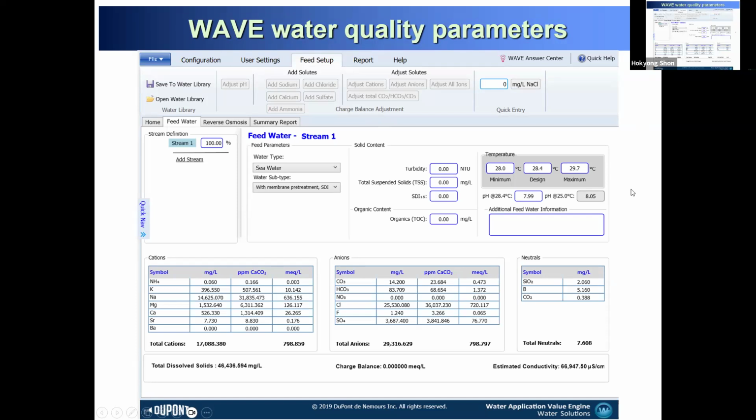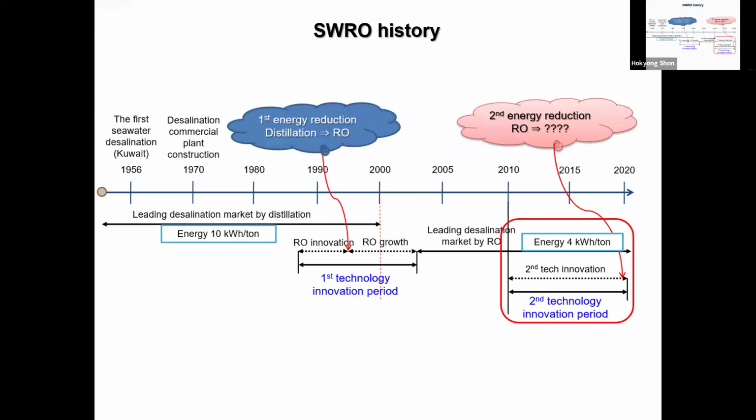You can utilize the software without any water chemistry background. And RO, this is the most important technology we have to utilize for water desalination, right? So let's go for a little bit of RO fundamentals.